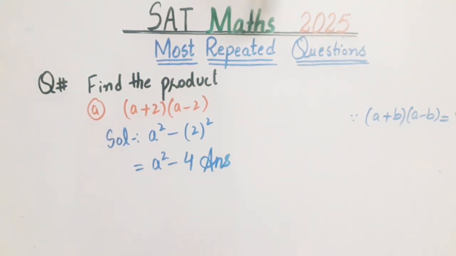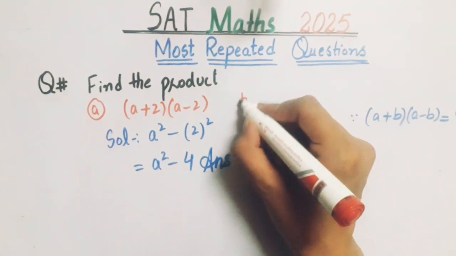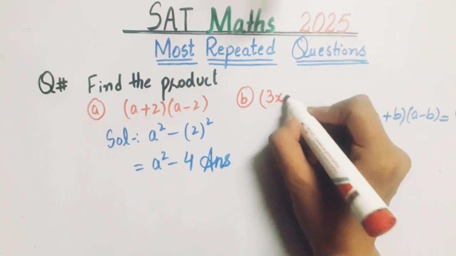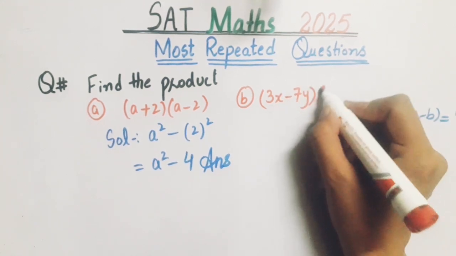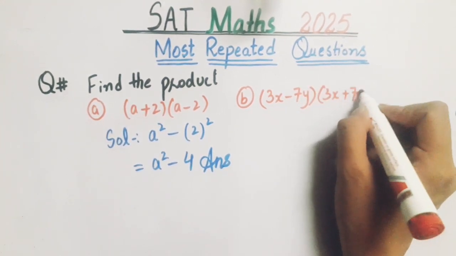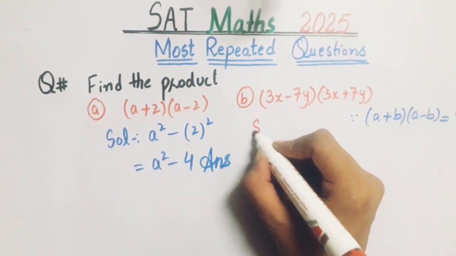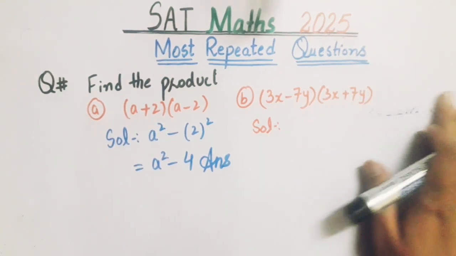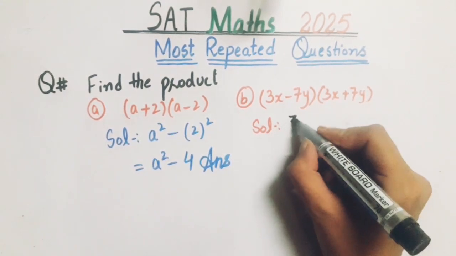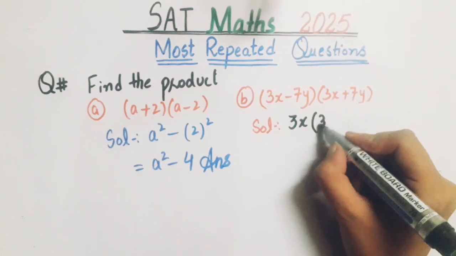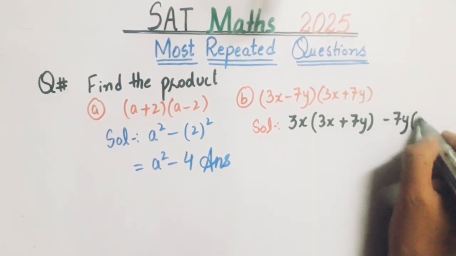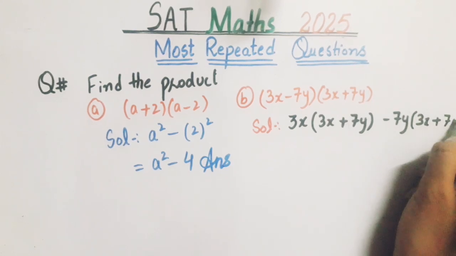Now we will solve the next one, that is 3x minus 7y into 3x plus 7y. Now we will do the actual multiplication of this and we will get 3x into 3x plus 7y and minus 7y into 3x plus 7y.